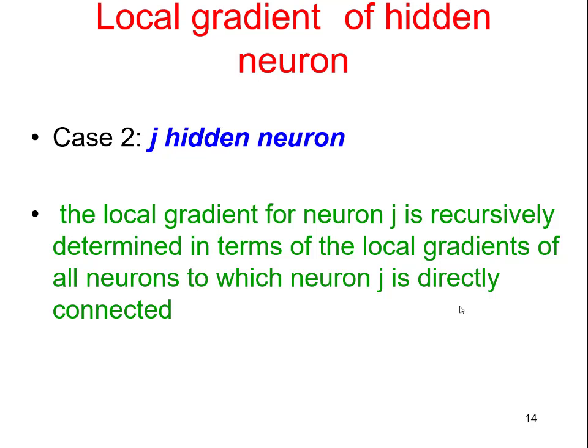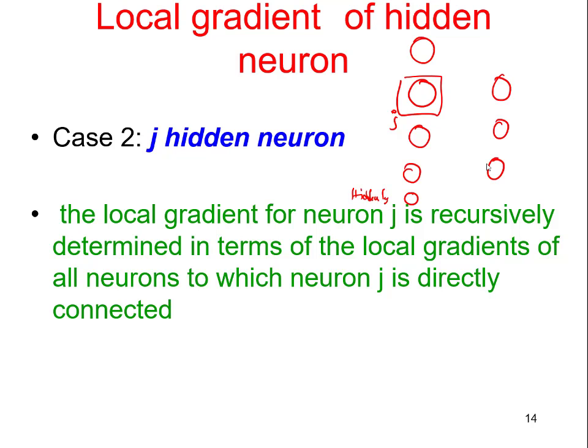For example, if we consider this as our J neuron, and it is in a hidden layer just before the output layer, it is directly connected with three nodes. These three nodes will help to determine the local gradient of this node.